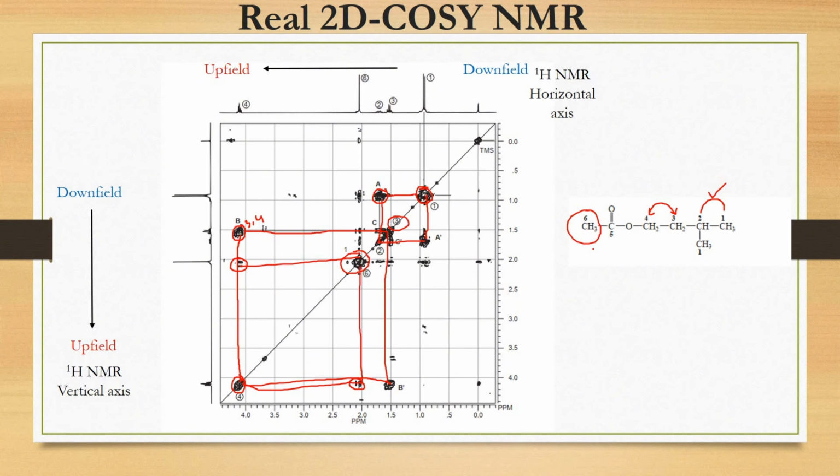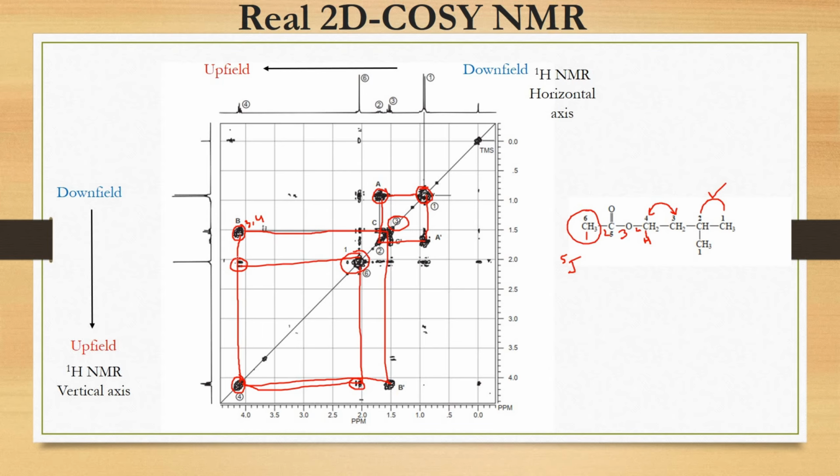But it could be long range coupling. Let's count it. This is 1 bond, this is 2 bond, this is 3 bond, this is 4 bond, and here is 5 bond. Hydrogen, yes, there is a hydrogen. So it is showing 5 bond coupling. 5 bond coupling is possible with a weak interaction, and you can see that this is a weak interaction.